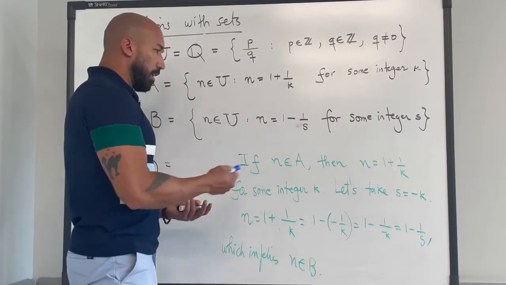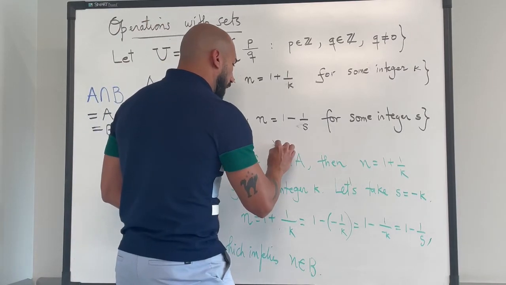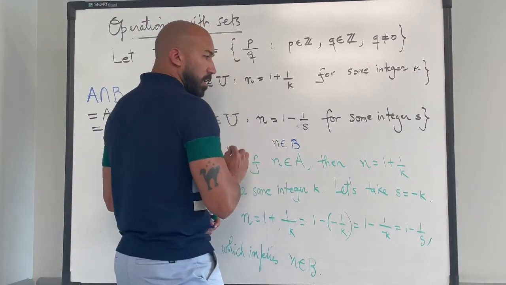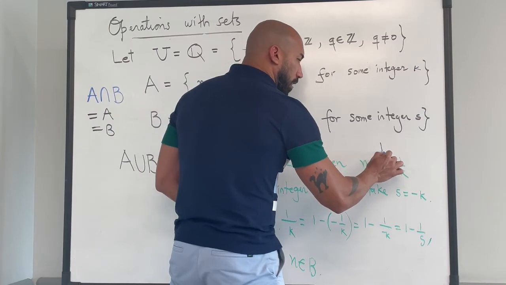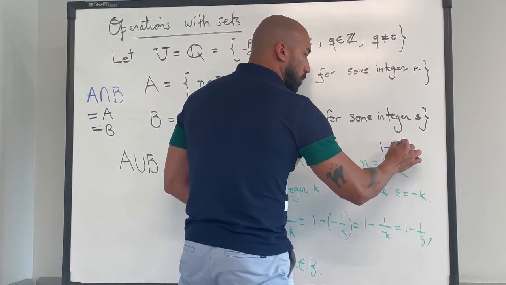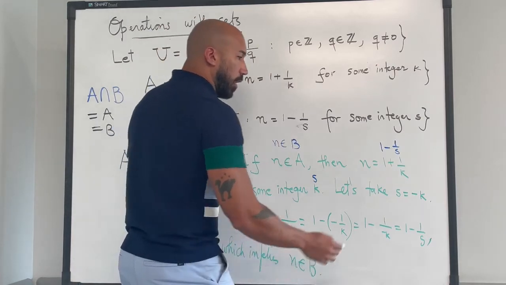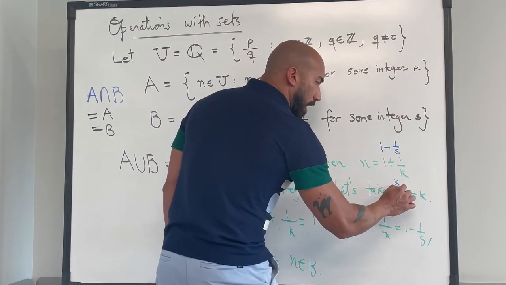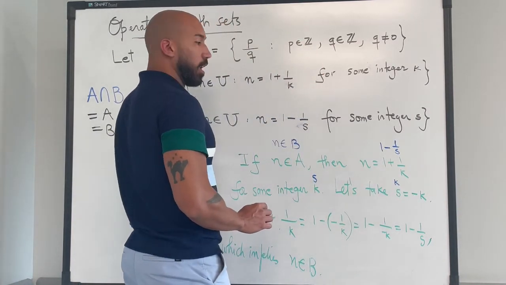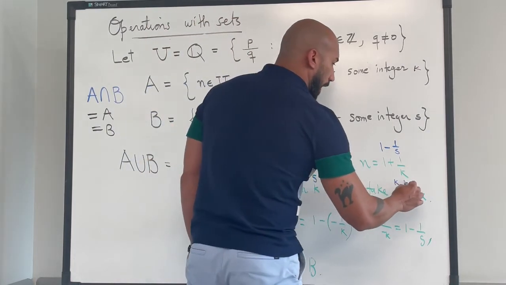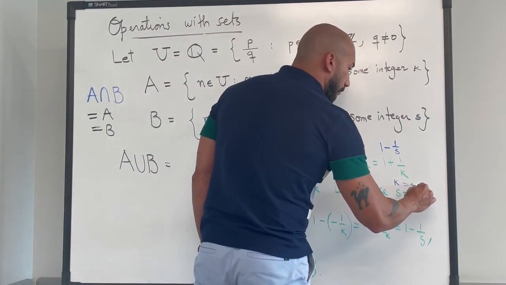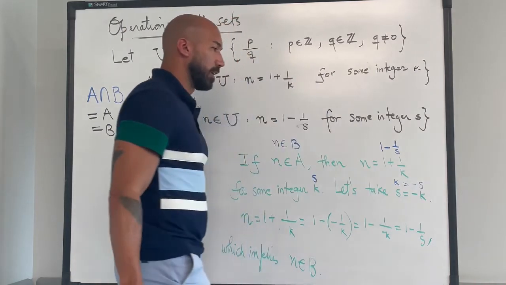Let me do it. If we suppose now that n is in B, then n is equal to 1 minus 1 over s for some integer s. And we can take now k as minus s.